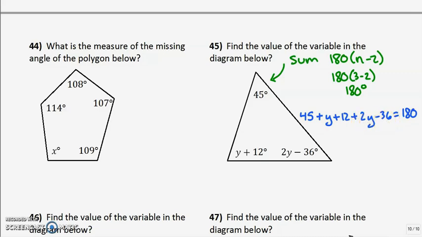Then I'm going to skip some steps here to save a little bit of time. When we go through and solve this, we would get y equals 53 degrees. That would be the value of the variable in this diagram below. But remember, I skipped a bunch of steps here. Those can be solved by combining like terms and then solving using inverse operations.